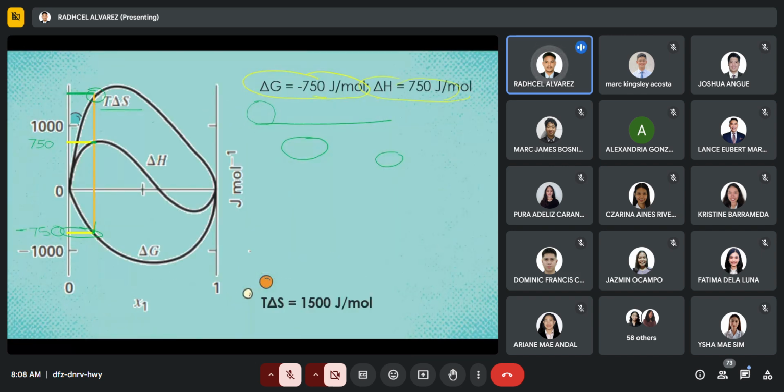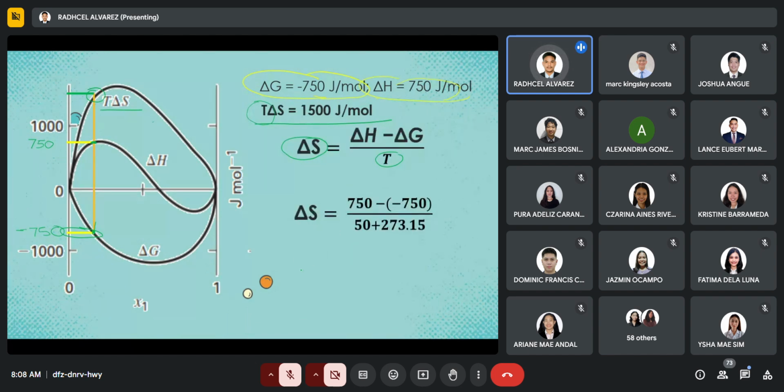So, we can easily solve for our delta S. Meron tayo ditong 750 for our delta H minus negative 750 for our delta G. Direct substitution lamang ito all over your temperature na 50 degrees Celsius plus 273.15 para maging Kelvin siya.